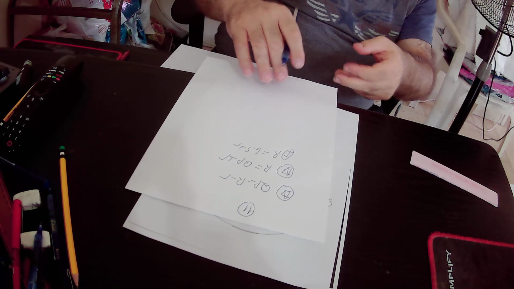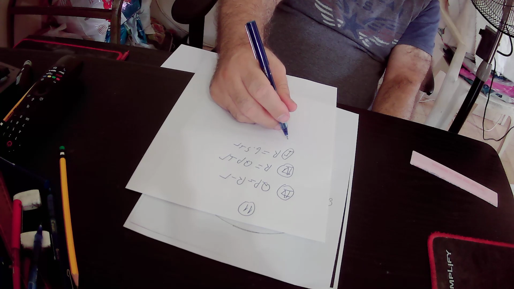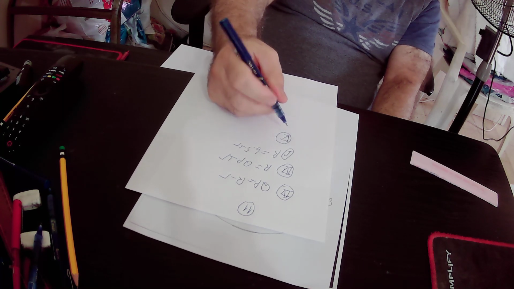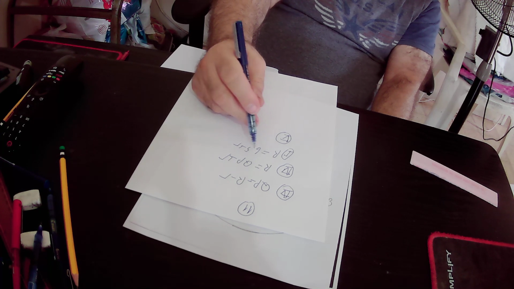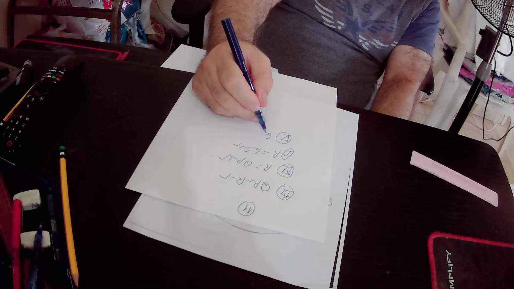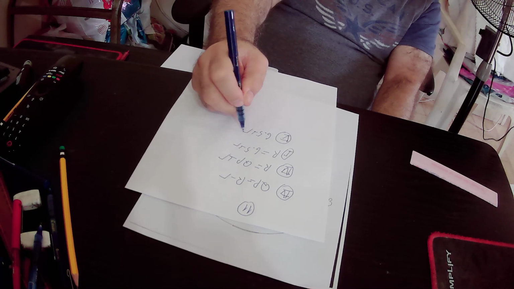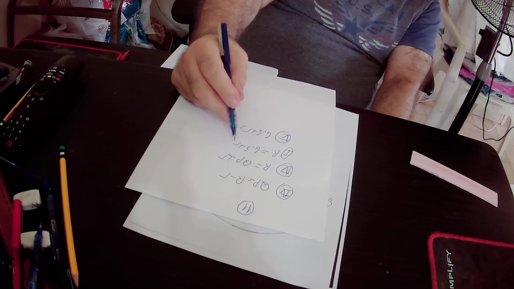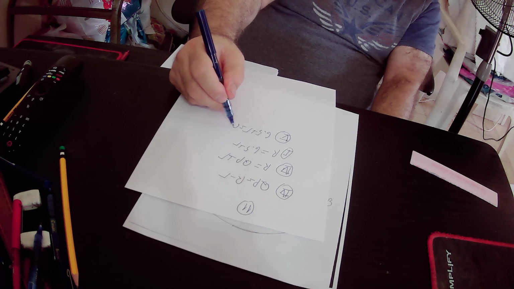So we create equation number 5 that states that the radius of the big circle, according to equation number 1, equals the radius of the big circle according to equation number 4.